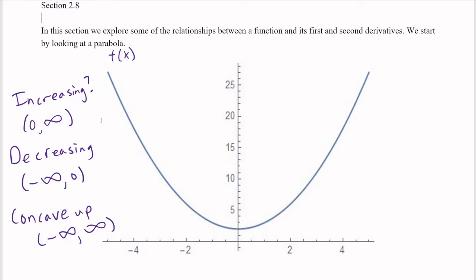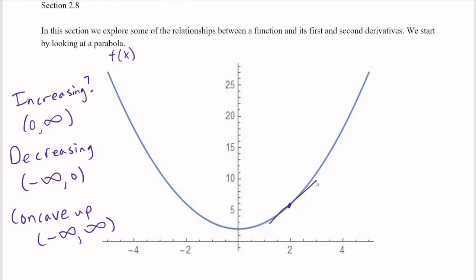So that's just looking at the function, nothing else. Now, how can we get this from the derivative? Remember what the derivative does. It's telling us about the instantaneous rate of change of this function. We talked about this last time. If you are increasing, the slope of your tangent line is positive.